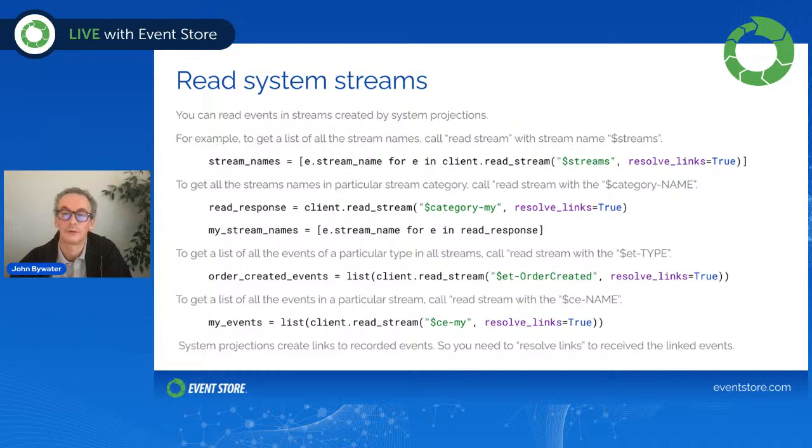We need to set resolve links equals true because the system projections create streams that have links to the events that you recorded. So to avoid getting the event links, and instead get the linked events, we need to resolve links, and then you'll get your events back.